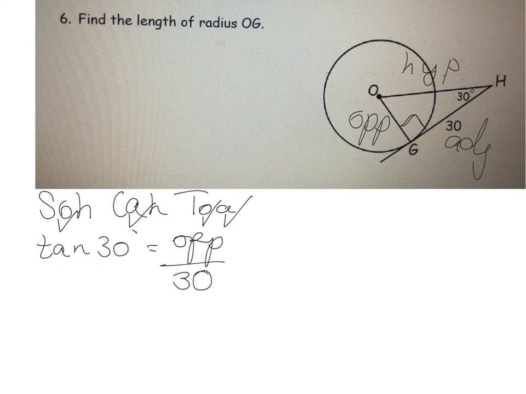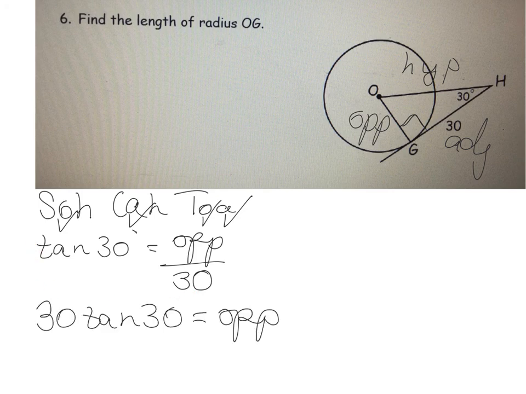So tan of 30 degrees is equal to the opposite divided by the adjacent, and the adjacent is 30. So now we need to rearrange this. We want to get this by itself, so we're going to multiply both sides by what's on the bottom. So that 30 is going to come up here. So 30 times the tan of 30 is going to be equal to the opposite side, which is the one that we want to find out.